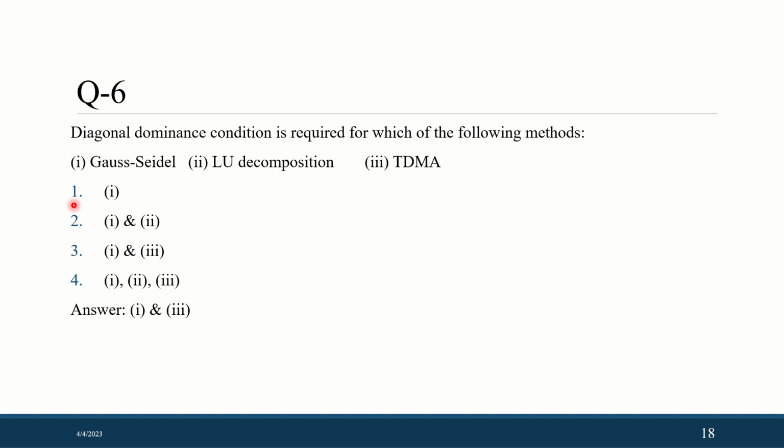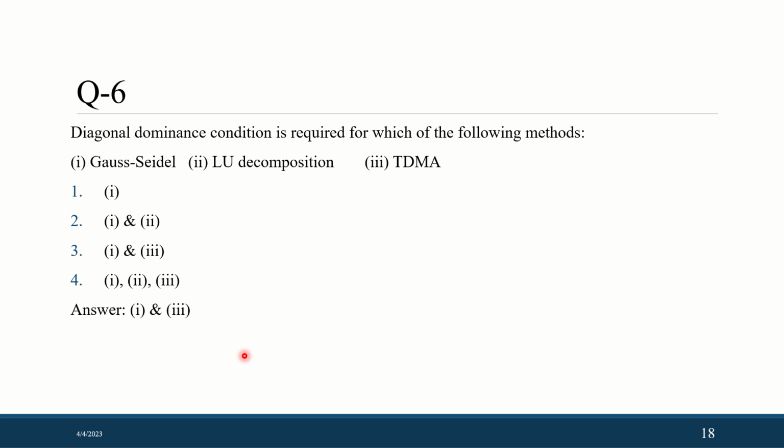Next question. Diagonal dominance condition is required for which of the following methods? Gauss-Seidel, LU decomposition, TDMA, that is tridiagonal matrix. So when we are dealing with the iterative methods like Gauss-Seidel and the tridiagonal matrix schemes, diagonal dominance condition is very much required.